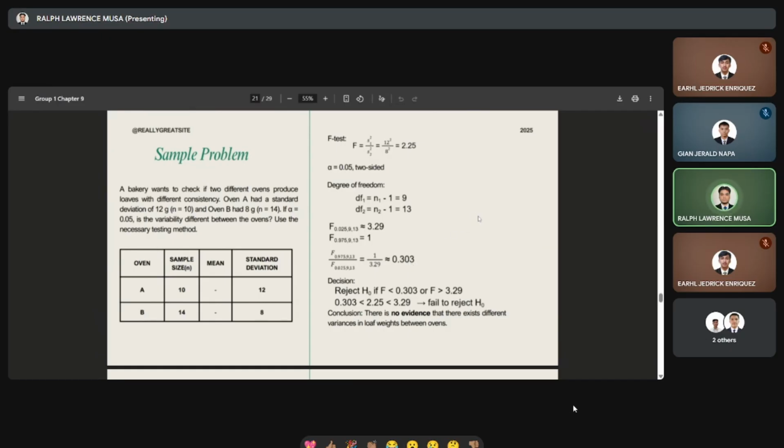So the decision would be to reject the null hypothesis if F is less than 0.303 or if F is greater than 3.29. If F is between 0.303 and 3.29, as 2.25 is, then we fail to reject the null hypothesis. Its conclusion would be there is no evidence that there exists different variances in loaf weights between the ovens.